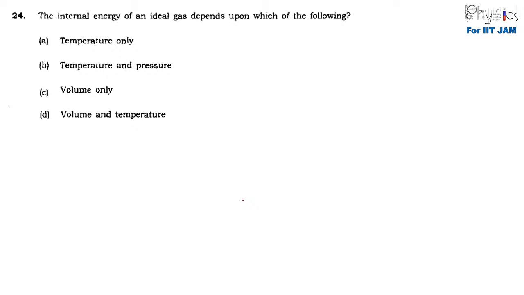So this is our next problem. The internal energy of an ideal gas depends upon which of the following? Temperature only, temperature and pressure, volume only, volume and temperature. Please tell me which is the correct option for this question.